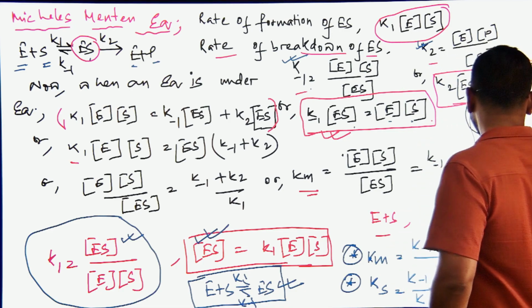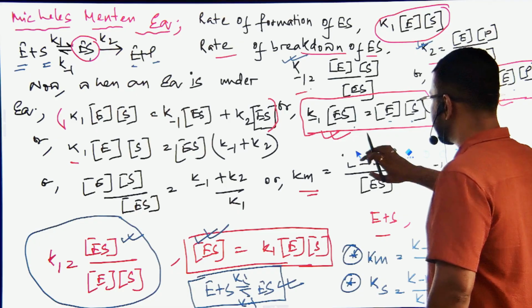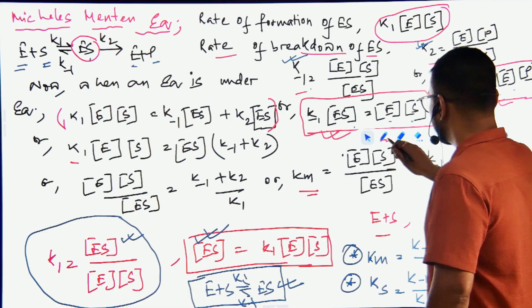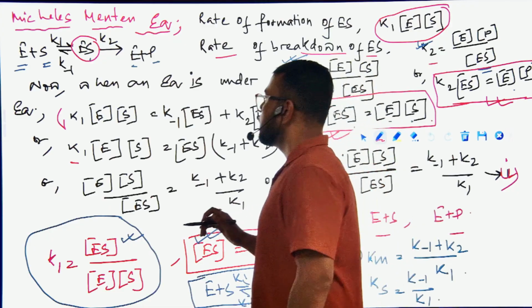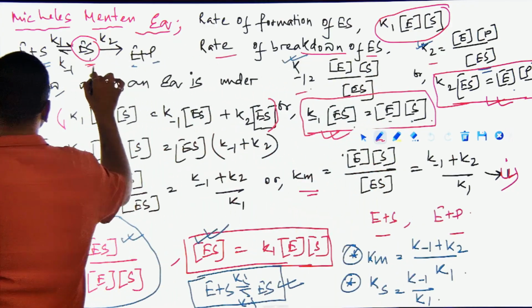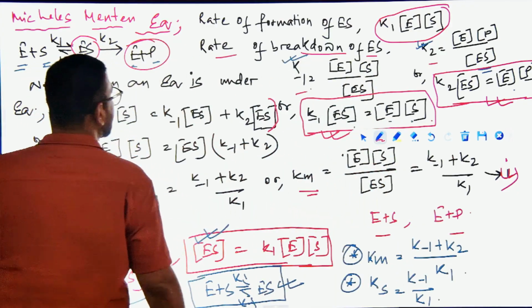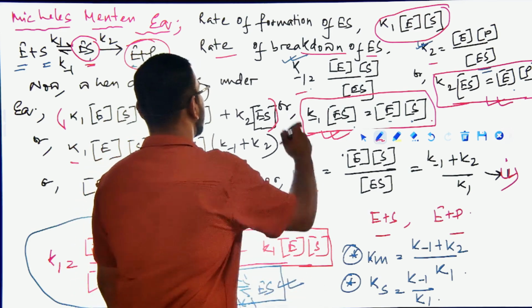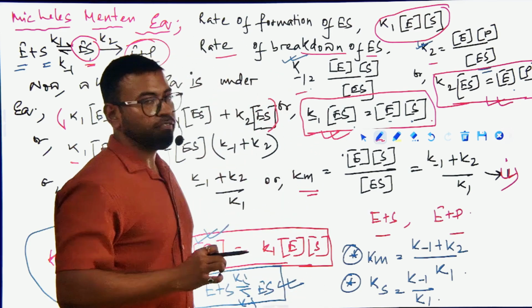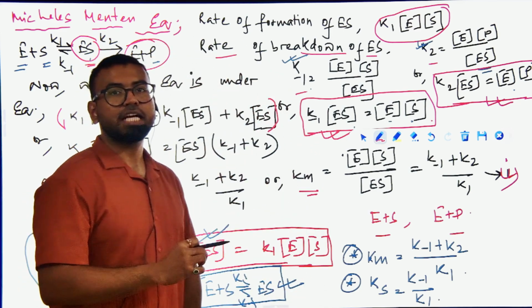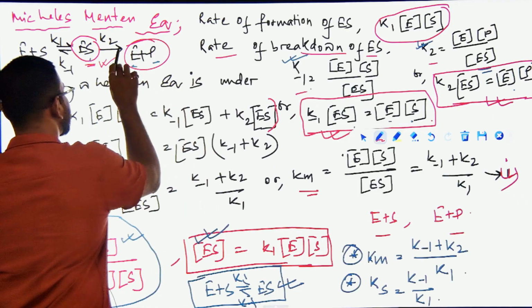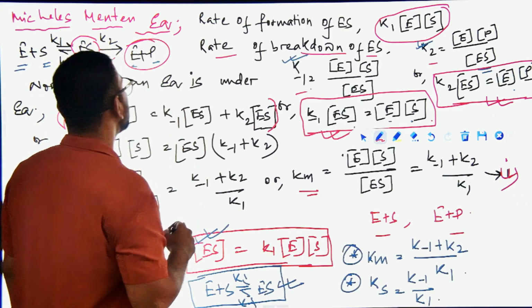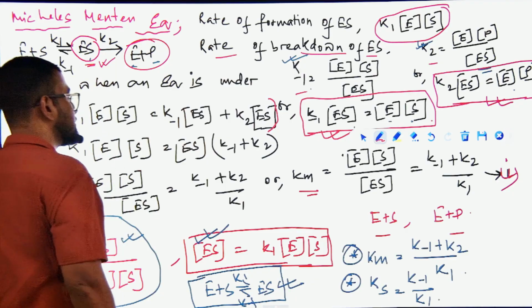But for the conceptual approach, I must state one thing. You need to know, suppose E plus S, ES getting converted into E plus P. In any kind of reaction at equilibrium, rate of formation of ES should be equivalent to rate of breakdown of ES.